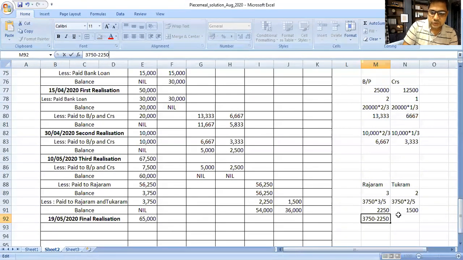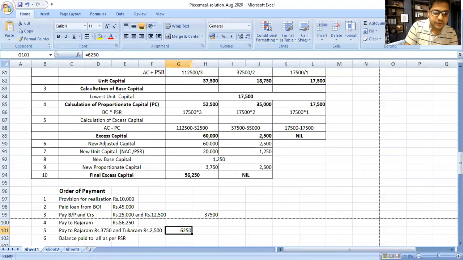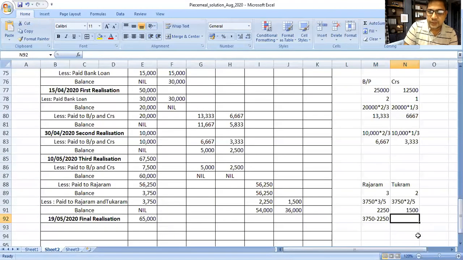And Tukaram's, as per the order, is 2500, but we paid only 1500. 2500 minus 1500, how much amount is still not paid? That is 1500 to Rajaram and 4750 to Tukaram, because we want to pay total amount 6250 as per the order of the payment.